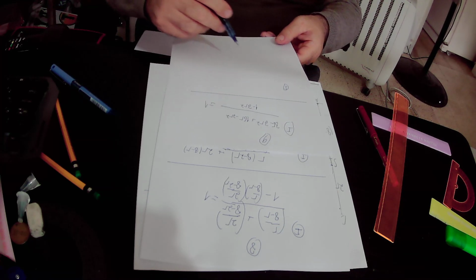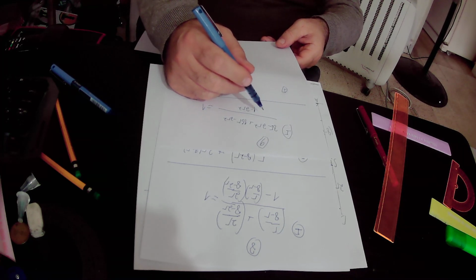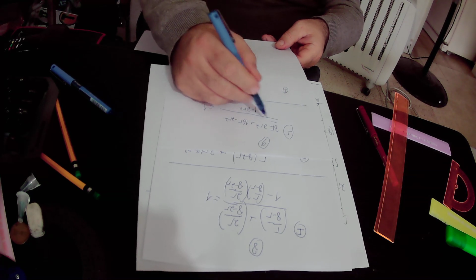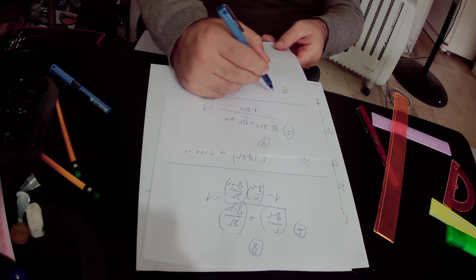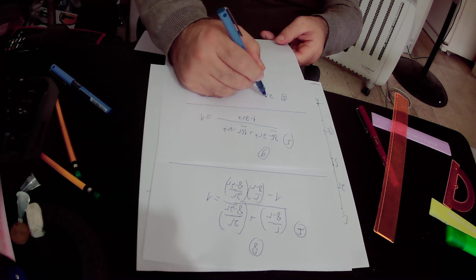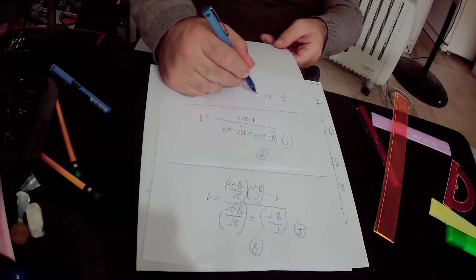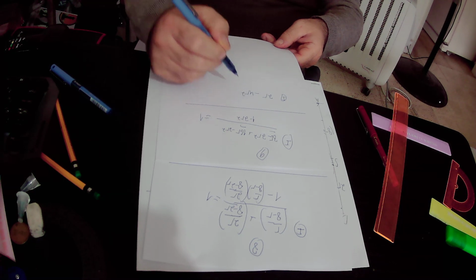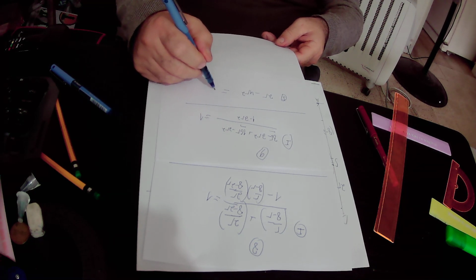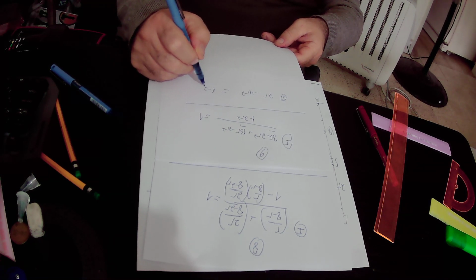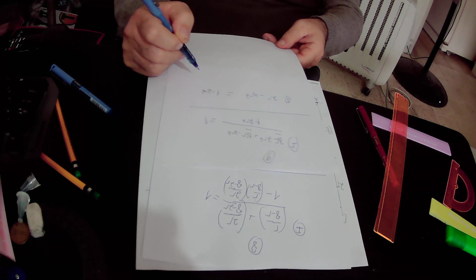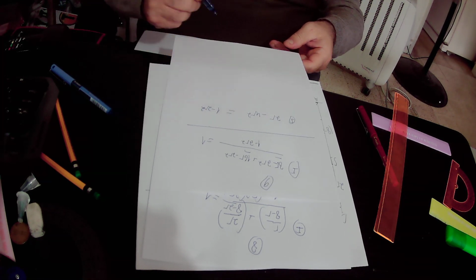So 8R plus 16R is 24R, and minus 2R squared is minus 4R squared. It equals 1 minus 2R squared. Okay.